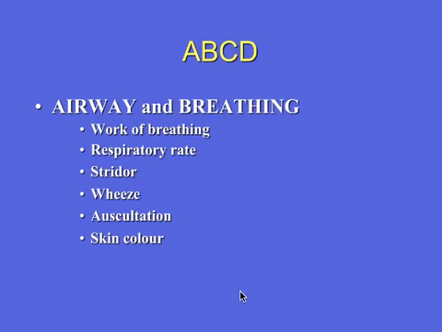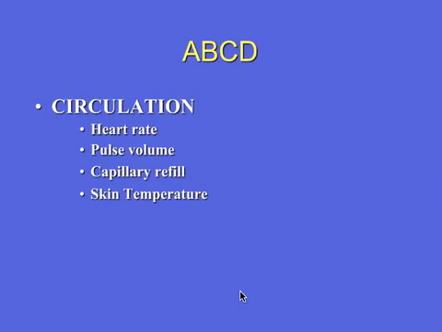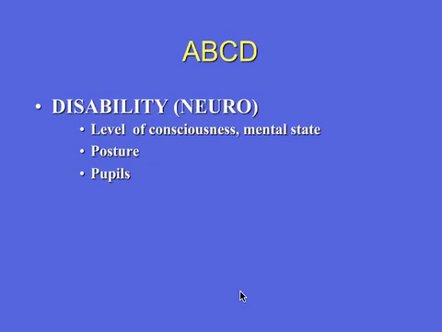So, how should we manage a patient who has acute neurological deterioration? Well, essentially it's exactly as you learn in paediatric life support strategies. So you think about airway and breathing, you think about circulation, and you assess the level of disability.